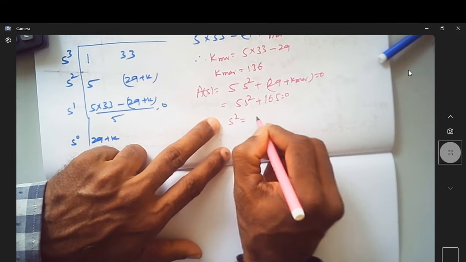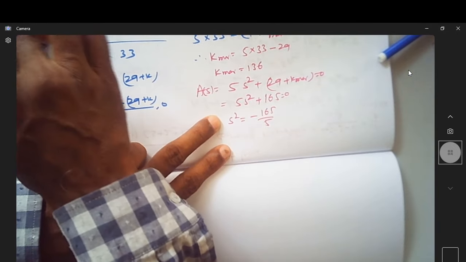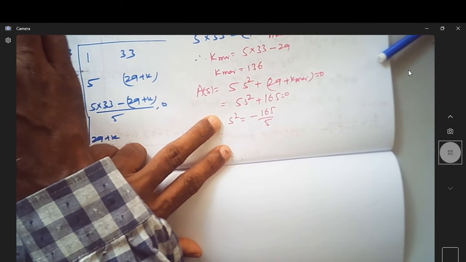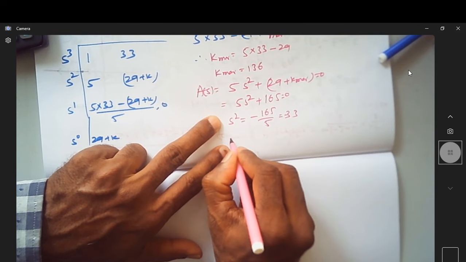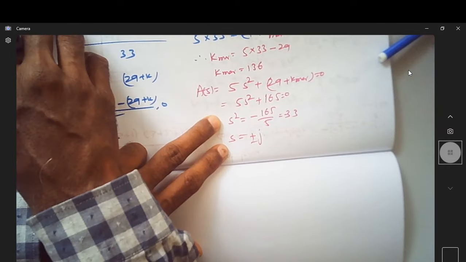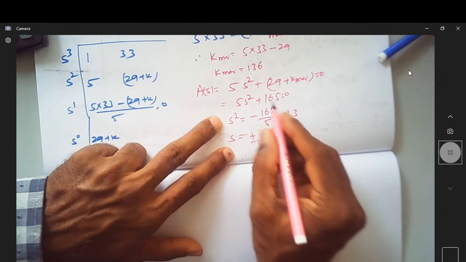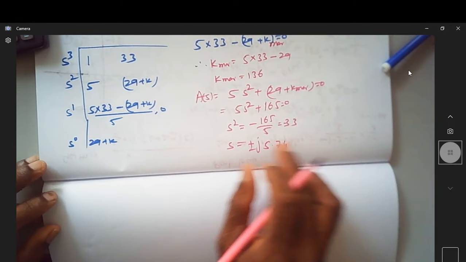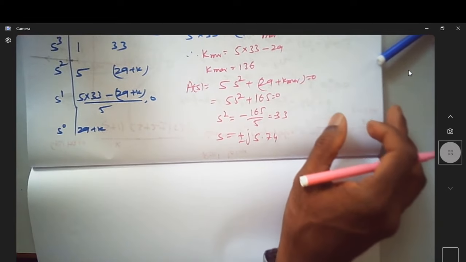Then s square is equal to minus 165 by 5, 165 by 5 is 33, so minus 33, then the roots are plus or minus j root 33, that is 5.74. 5.74 is the point where it will cross the imaginary axis.